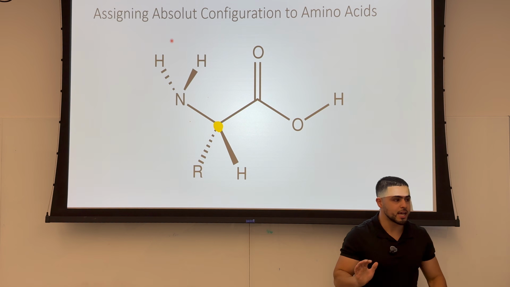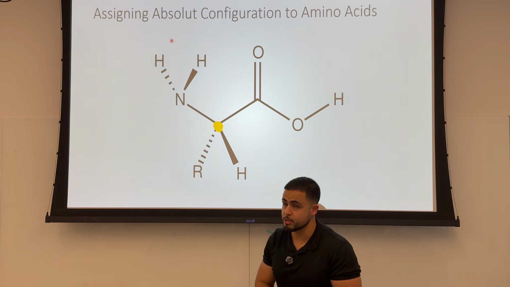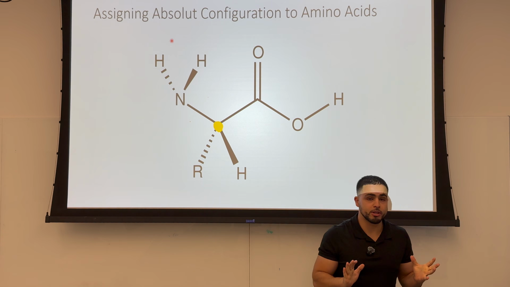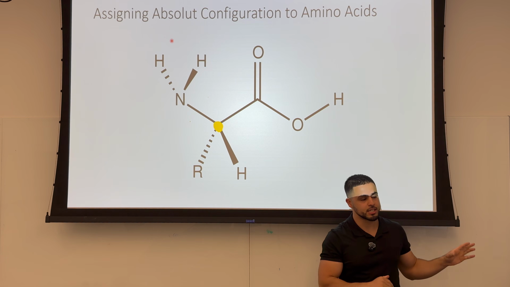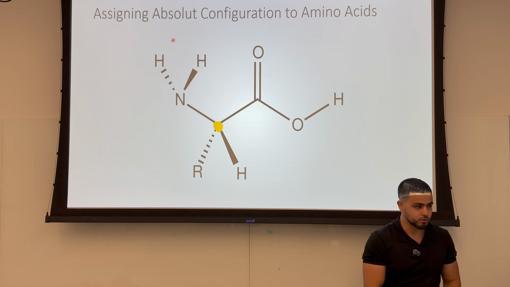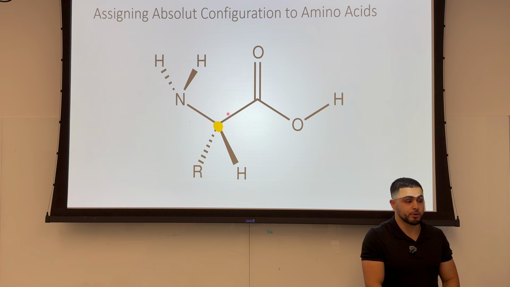Okay, so now let's assign absolute configuration to this amino acid right here. So, a standard amino acid, let's say any amino acid but glycine or cysteine, because those are exceptions. The highest priority group is going to be the amino group, because N has a higher atomic number than carbon right here.